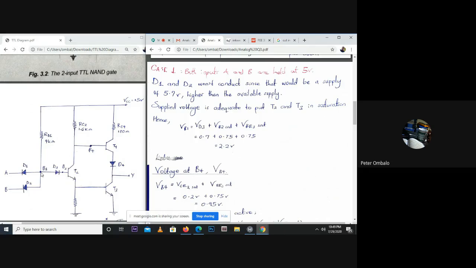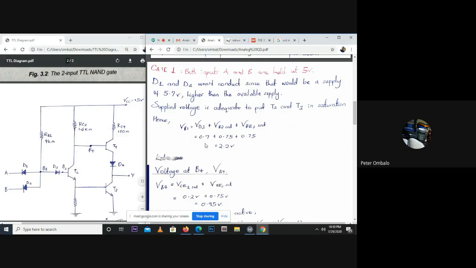So then to calculate the voltage at B1, we're going to take the drop at diode D3, and then we will say that T2 is in saturation and T3 is in saturation as well. So the voltage at B1 will be 0.7 for the drop at the diode.